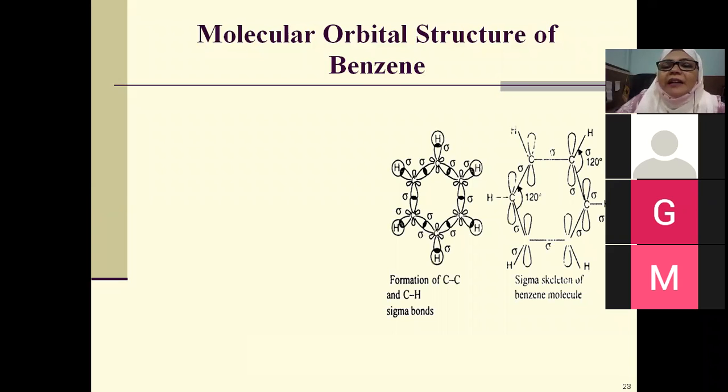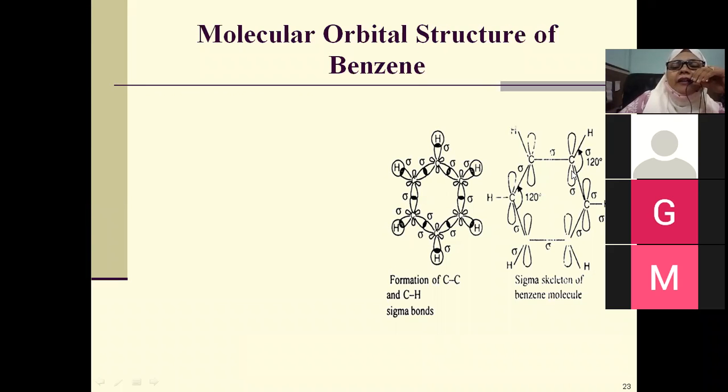Here you can see that all the carbon atoms have p orbitals on them. I told you in the first lecture that p orbitals are dumbbell shaped, and because of the presence of pi electrons on each carbon it shows a p orbital. These p orbitals are dumbbell shaped and present on all 6 carbon atoms.